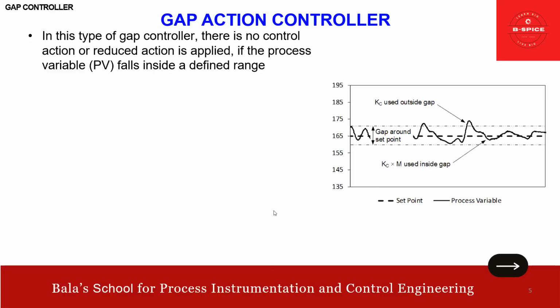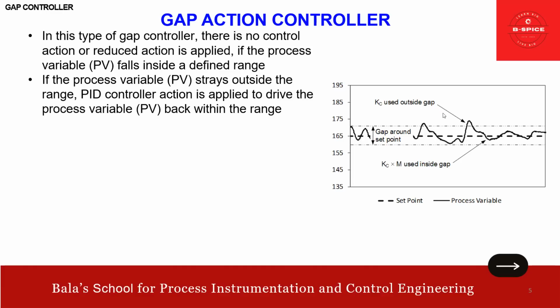To add further on the gap action, in this type of gap controller, no control or reduced action is applied if the process variable falls inside the defined range. If it is inside the defined range, no action is required. If the process variable stays outside the range, the PID control action is applied to drive the process variable back within the range.